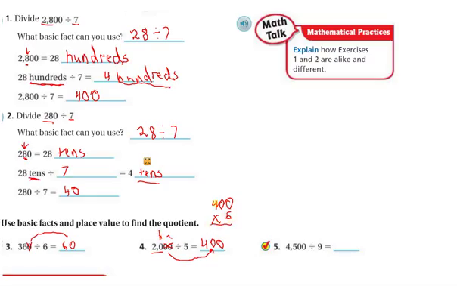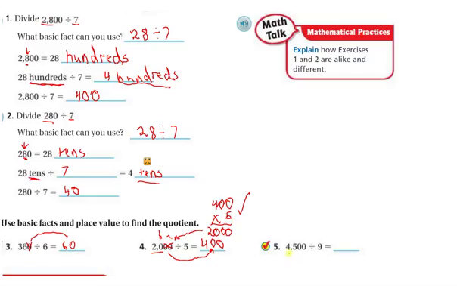Well, here 5 times 4 is 20. Add my 2 zeros. I'm back at 2,000, which is what my dividend was, so this problem checks out as correct. So don't forget, you can always go back and check those answers by doing the opposite of whatever the function was. In this case, the opposite of division, multiplication.